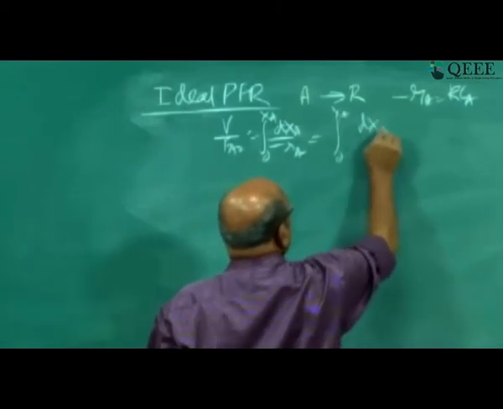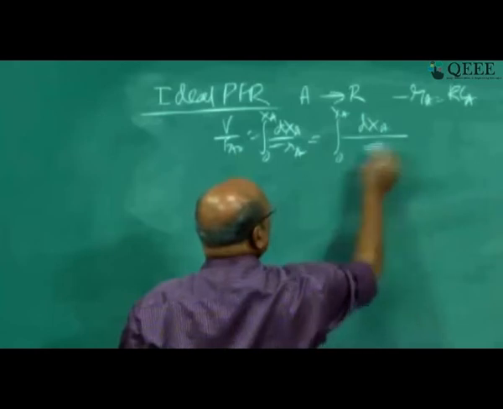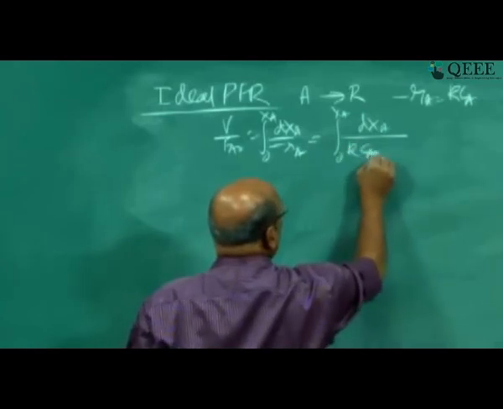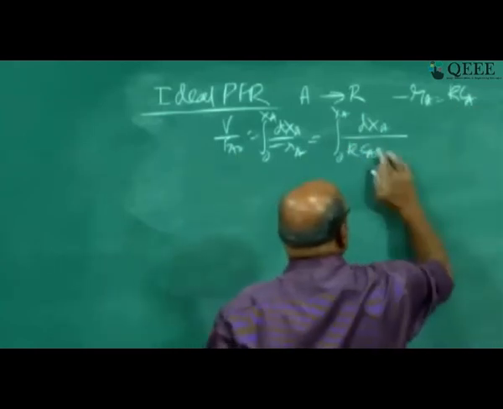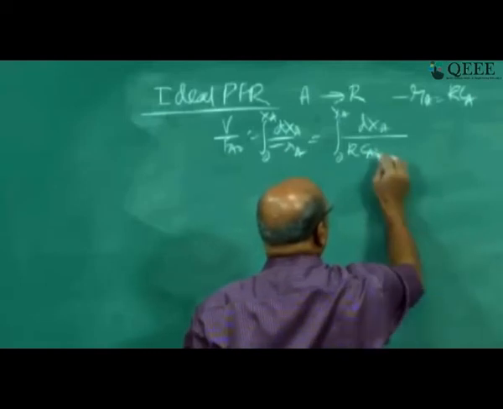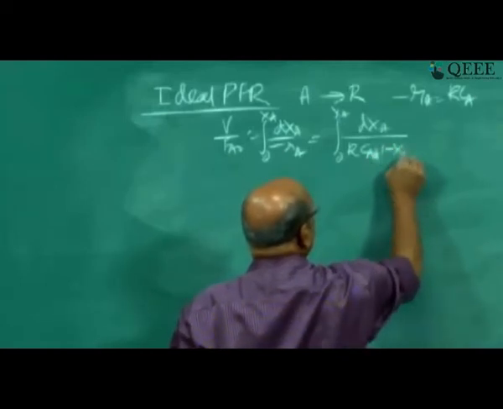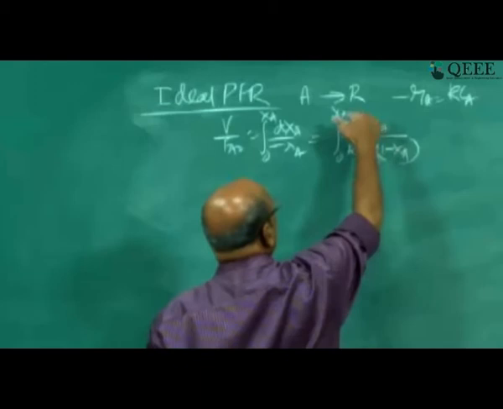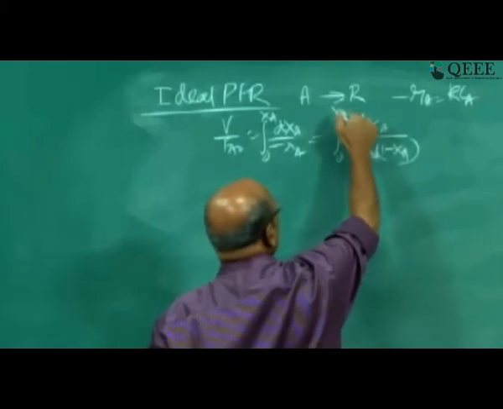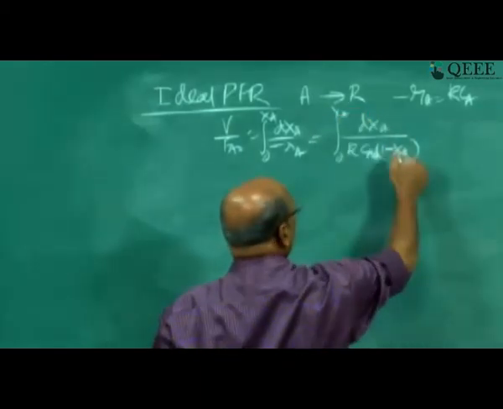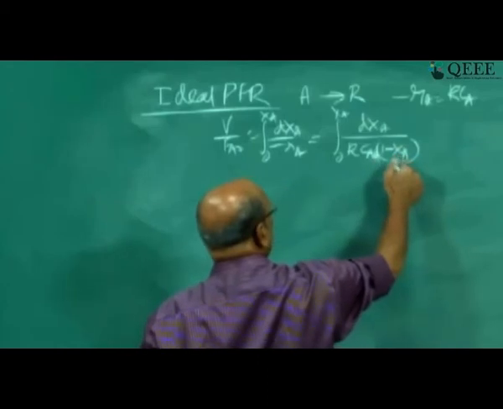So integral 0 to Xa dXa, and minus RA can be written as K into Ca, which can also be written as K into Ca naught into 1 minus Xa. Why? Because finally my integration variable is X, conversion, so I have to convert this into Xa.